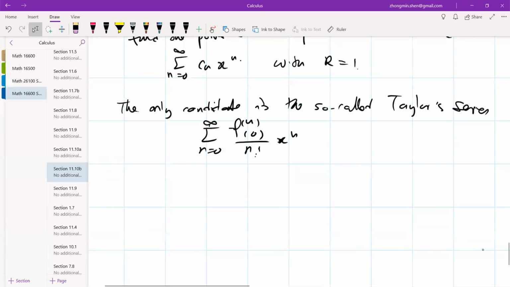Right, so this is a candidate. Let's find the derivatives. It's not easy to find the formula for the nth order derivative in general, but for this one we can find the pattern. So f of x equals 1 plus x to the alpha. Then I differentiate, and what I get is alpha times 1 plus x to the alpha minus 1, and it continues.